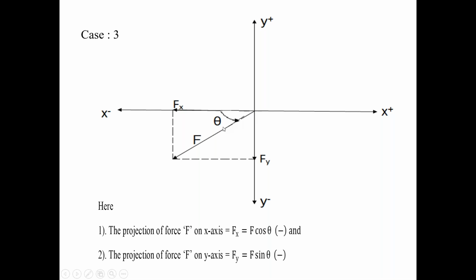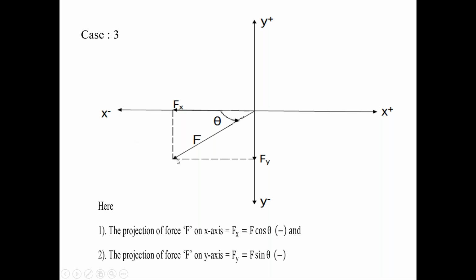Put your pen nib in the direction of the force F. Bring that pen onto the x-axis. The pen nib is towards the negative x-axis direction. So, in this third condition, the direction of the projection Fx is towards the negative x-axis direction.